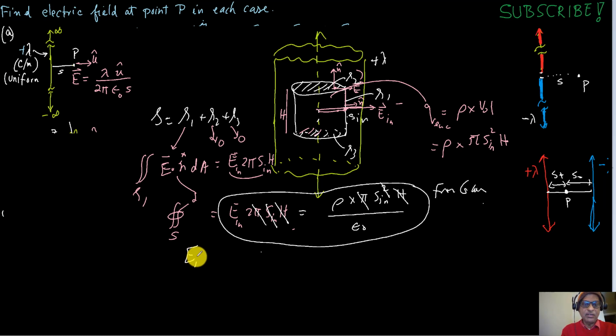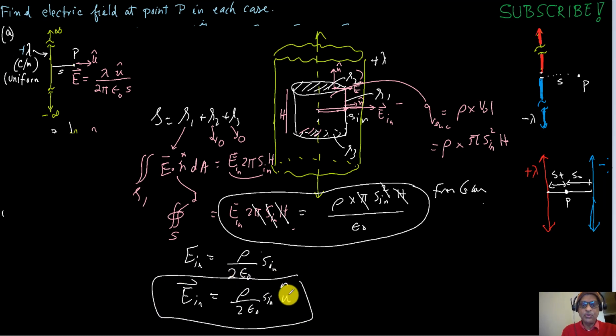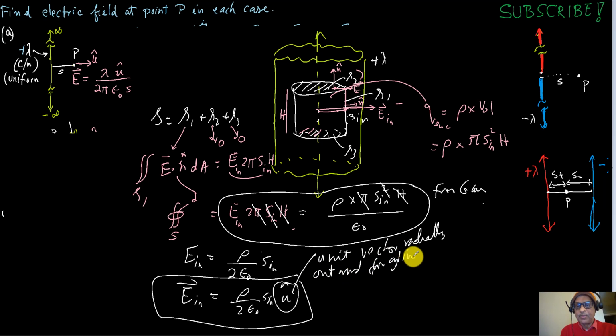So E in is simply rho over 2 epsilon naught times s in; it actually increases linearly as you go out. The E in vector is rho over 2 epsilon naught s in u hat, and this u hat is the unit vector radially outward from the cylinder's axis.